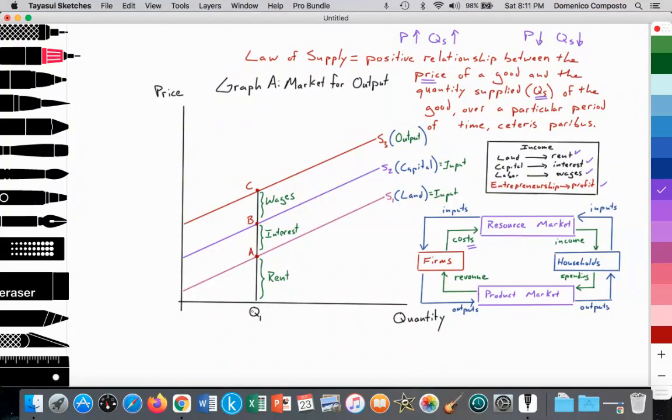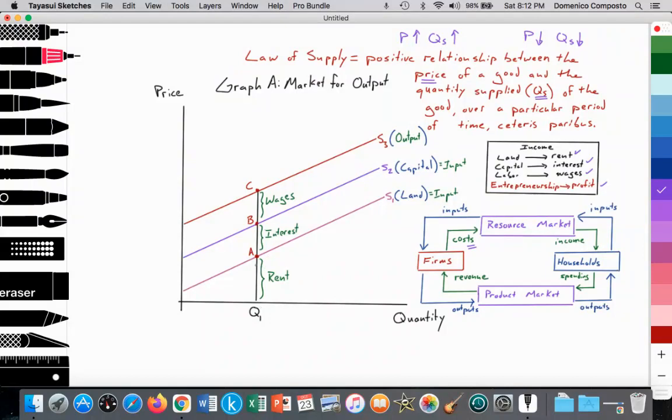At Q1, the firm is employing land resources at point A, and that incurs costs such as rent. So the distance between A and 0 is the value of rent, and the distance from B to A is the value of the interest being paid for the capital resources. And in addition, the firm will need to employ labor resources. And as wages rise, firms would increase their quantity of supply of labor.